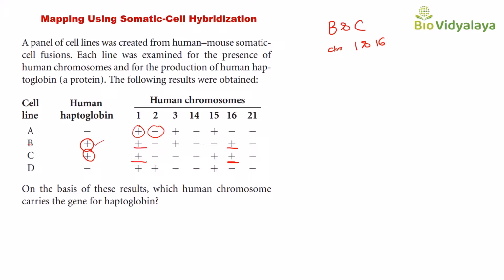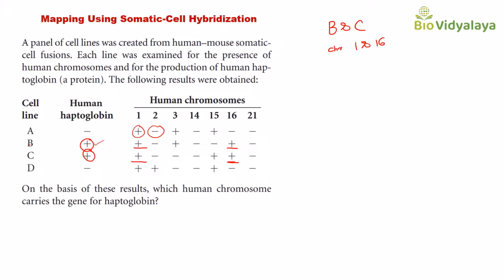Next, we have to find whether this haptoglobin gene is present in chromosome 1 or 16. So, we have to examine all the cell lines that possess either chromosome 1 or 16.